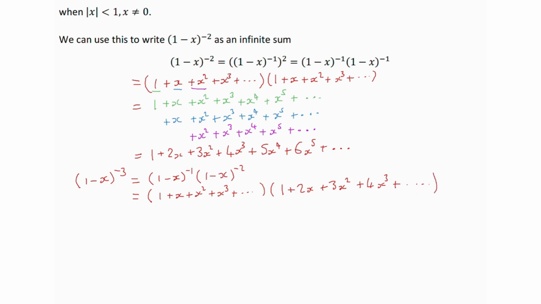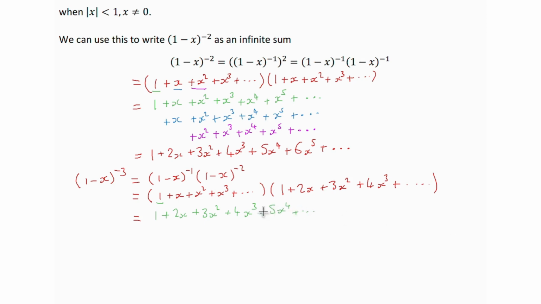And doing a similar thing, when we multiply this by the 1, we get 1 times 1 is 1, 1 times 2x is 2x, 1 times 3x squared is 3x squared, plus 4x cubed, plus 5x to the 4, going on forever.